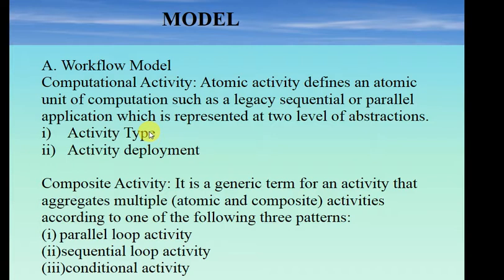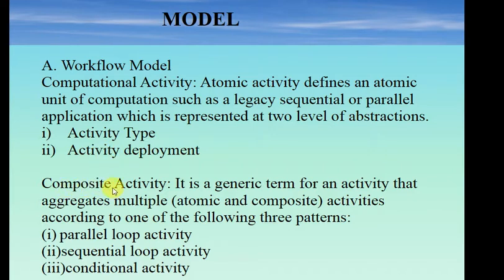The activity type is a simplified abstract description of the functionality or semantics of an activity, such as the Jacobi relaxation algorithm or a fast Fourier transformation. The activity deployment refers to an executable or a deployed web service and describes how the activity can be invoked and executed in a grid.